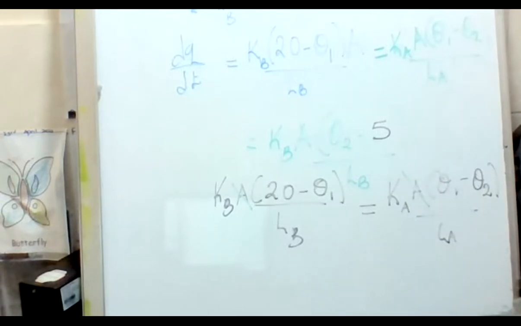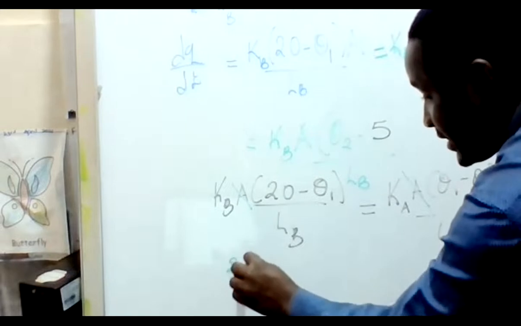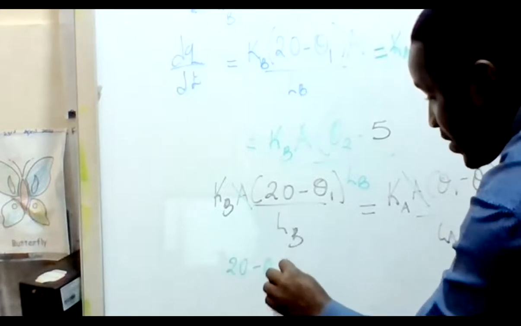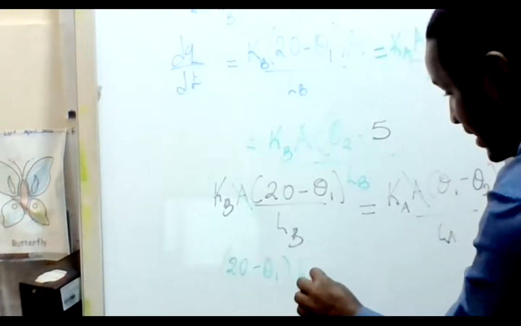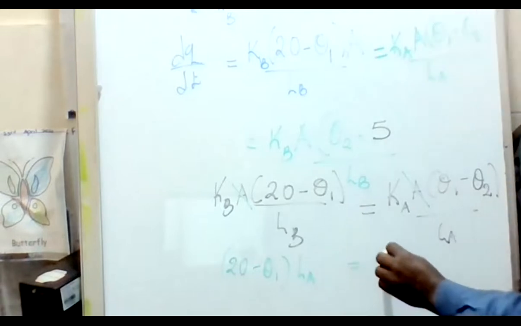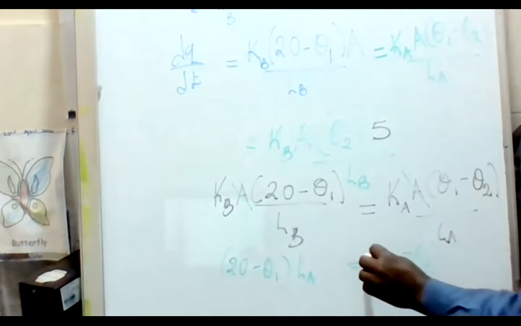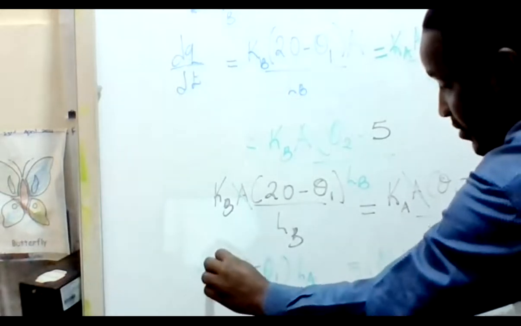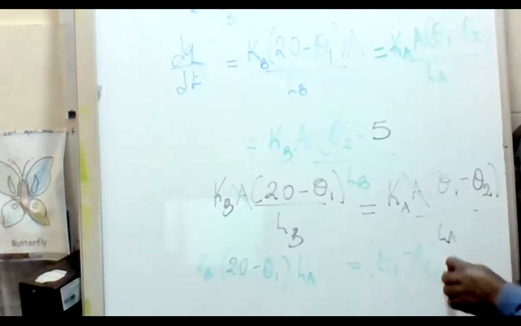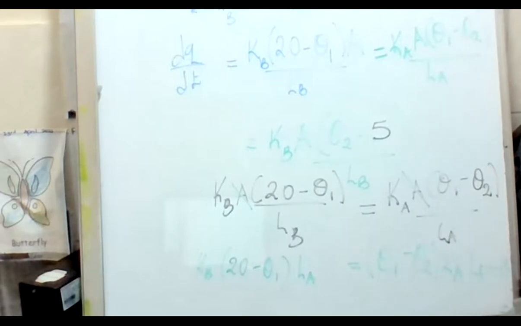So now, if I cross multiply, I'm going to have (20 minus θ1) times LA, which is equal to (θ1 minus θ2) times KB, and then here also KA times LB. Call that equation 1.